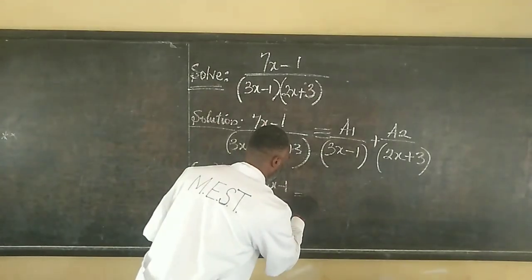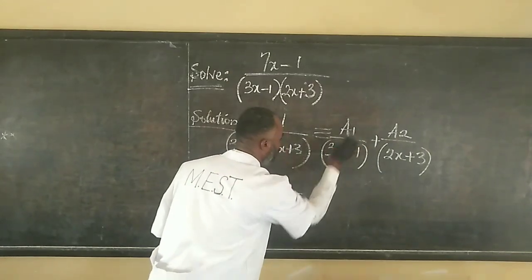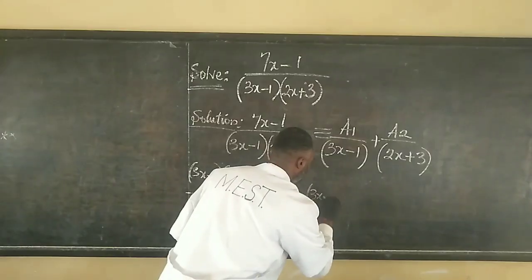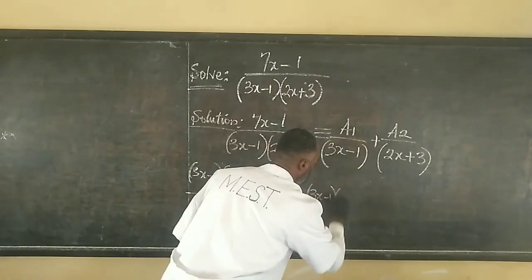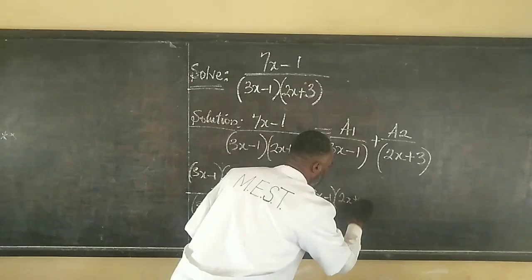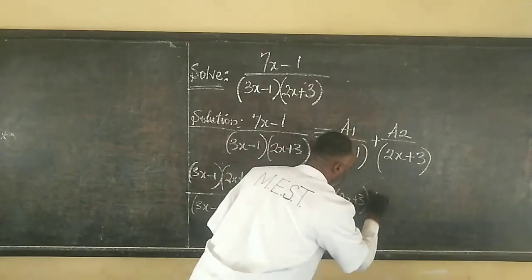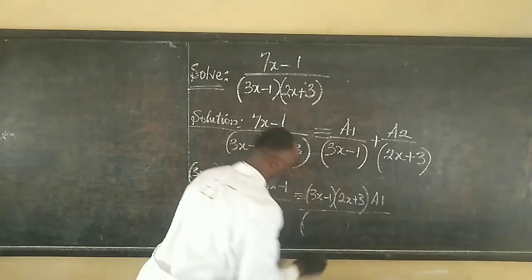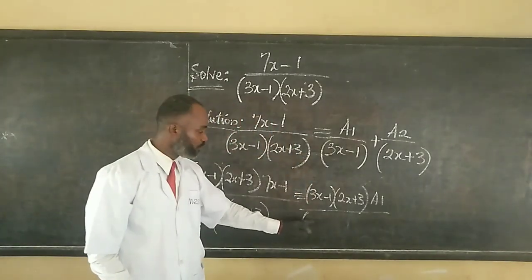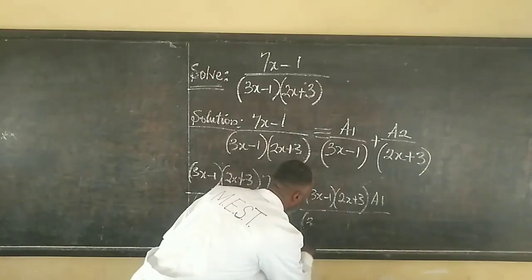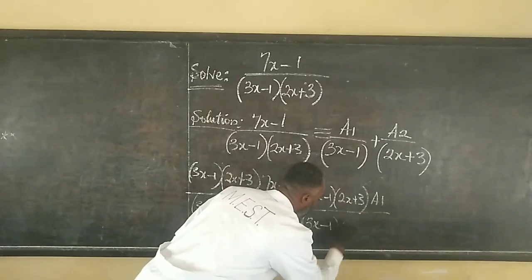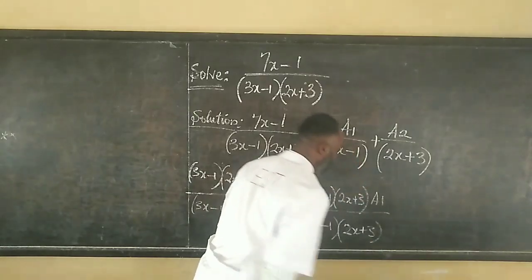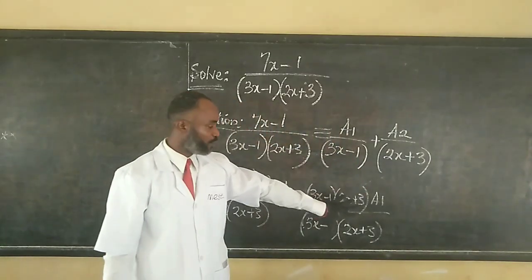So we move on without wasting time. For A1, we have bracket open 3x minus 1 bracket close, bracket open 2x plus 3 bracket close, and then A1 all over 3x minus 1. We have fractionalized A1.